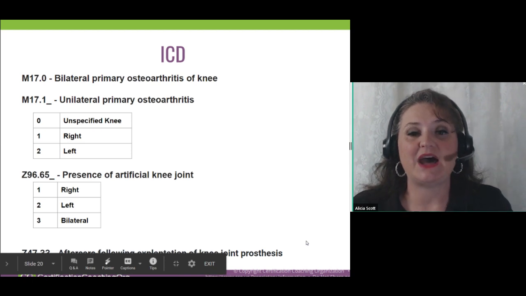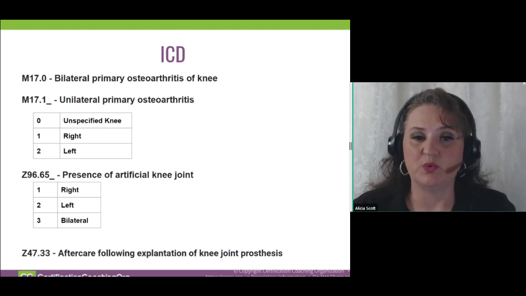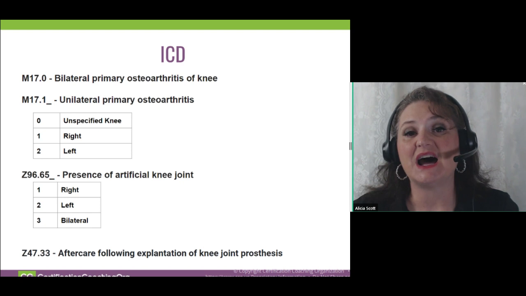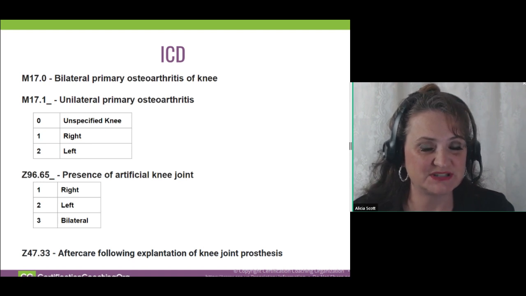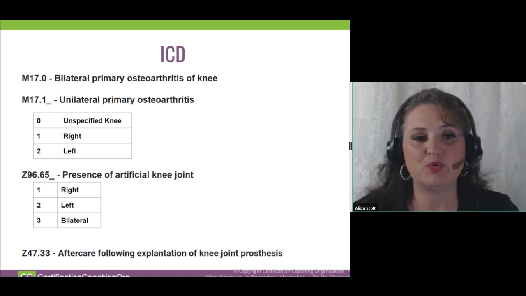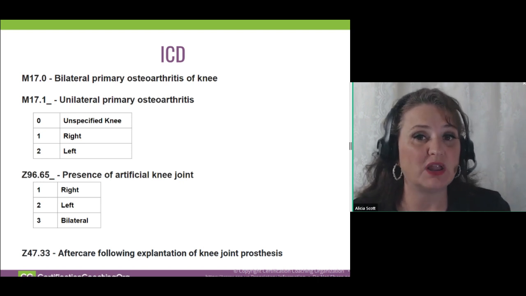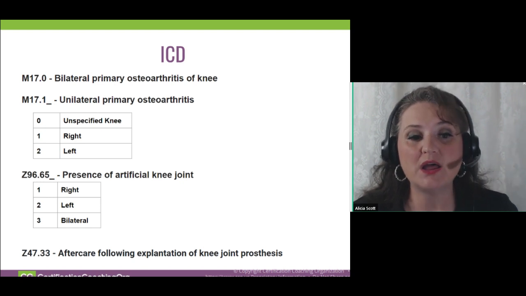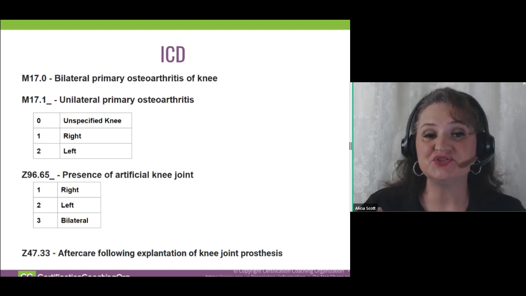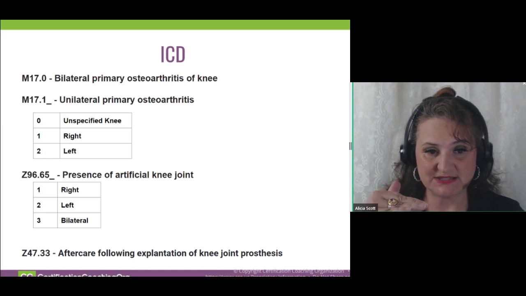ICD. How does ICD work with this? Well, if a person has osteoarthritis of the knee, primary bilateral osteoarthritis of the knee, M17.0, one code. But notice if it's unilateral, so they did the right or the left, that is M17.1, but then you have to have an additional character, so that's why you've got the space bar.